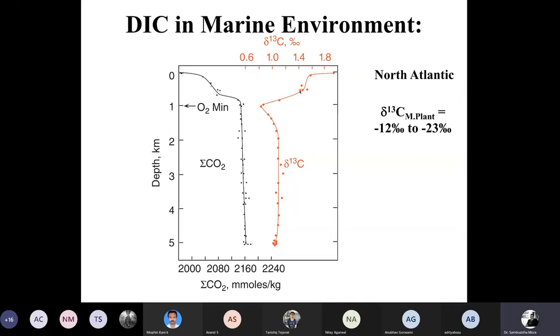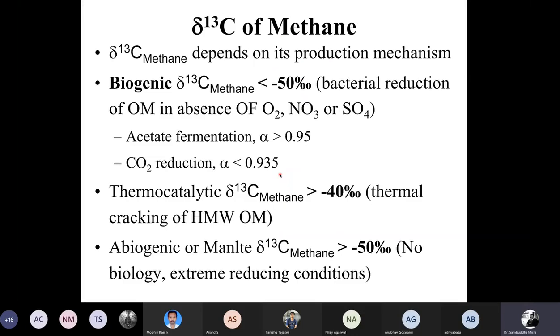Thus, there is a large, heavy signature we observe in the surface ocean. And as we get deeper and deeper, we find this slight bulge over here, which is dominantly due to respiration. And then there is a standard curve. So wherever there is biology, there is a strong signal on the isotopic signature.